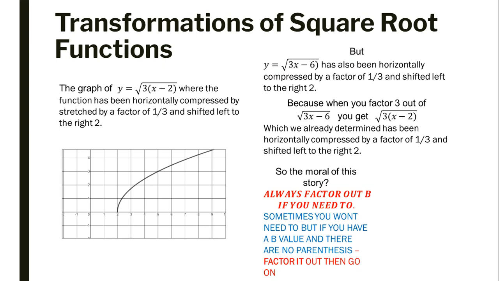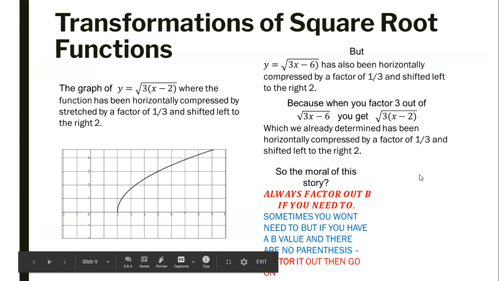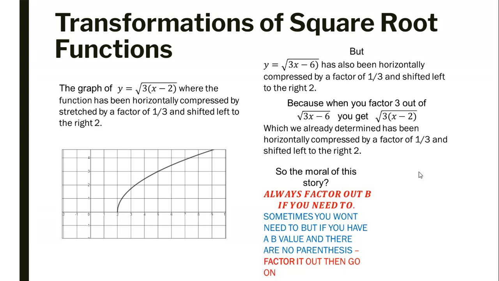Now, sometimes you won't need to, but if you have a b value and there are no parentheses, such as 3x minus 6, I have a b value of 3. I know it's b because it's inside the square root and it's a multiplier on x. If you don't have parentheses, in other words, b is not factored out, then factor it out and then go on.